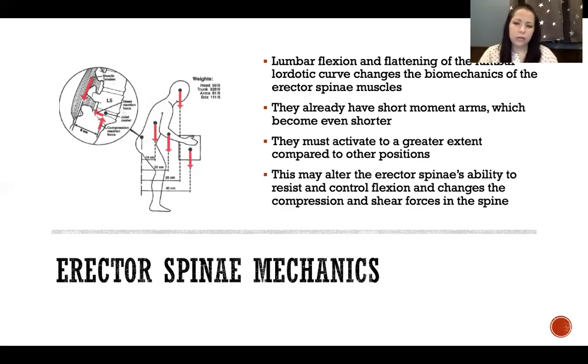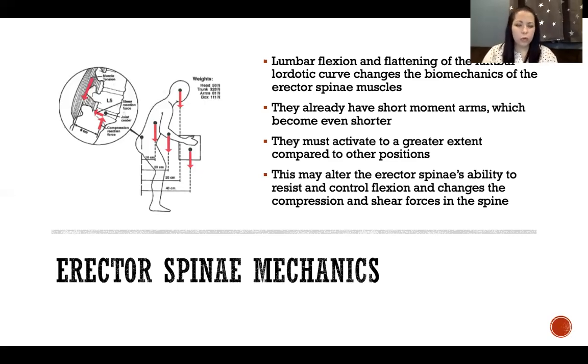So this may alter the erector spinae's ability to resist and control flexion and changes the compression and shear forces in the spine. So we know erector spinae must control our lumbar flexion against gravity. So they're contracting eccentrically to control flexion against gravity.